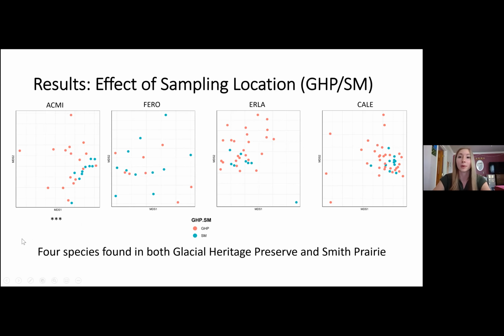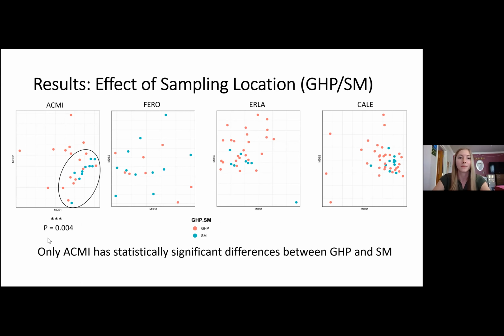Using my PERMANOVA again, I found that acme was the only plant that had statistically significant differences in OTU composition between Glacial Heritage Preserve and Smith Prairie. This was a p-value of 0.04, so that's quite a strong p-value. You can also see in an NMDS graph, remember that points close to one another are similar and points far apart are different.